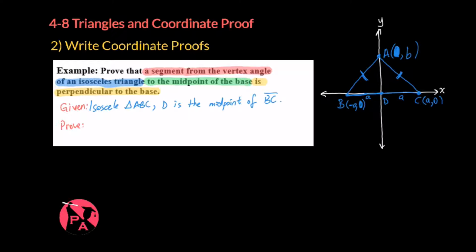What I need to prove is segment AD is perpendicular to segment BC. Because remember, that was what we needed to prove: a segment from the vertex angle, that segment is segment AD, to the midpoint of the base, which is point D, is perpendicular to the base. So what we need to prove is that this angle right here is 90 degrees.